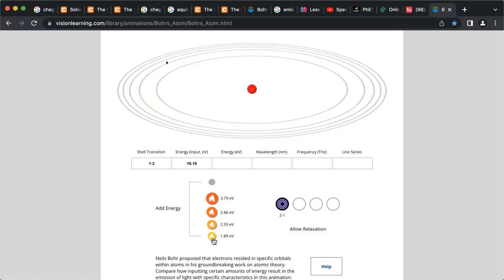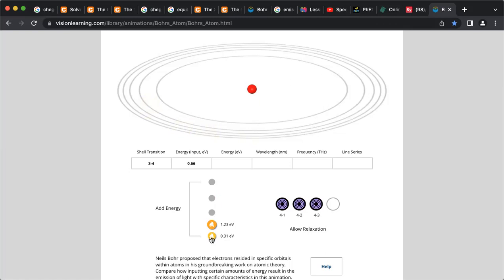And if I want to jump to the third level, I only have to add 1.89 electron volts. If I want to go to n equal 4, I will need only 0.66 electron volts. The electron volt is another unit for energy.